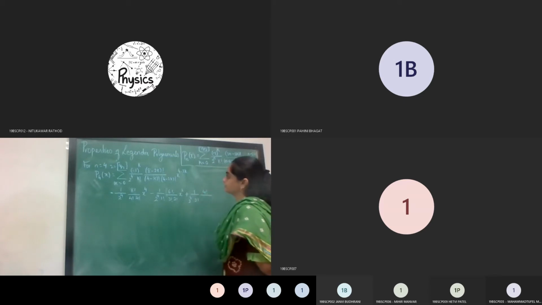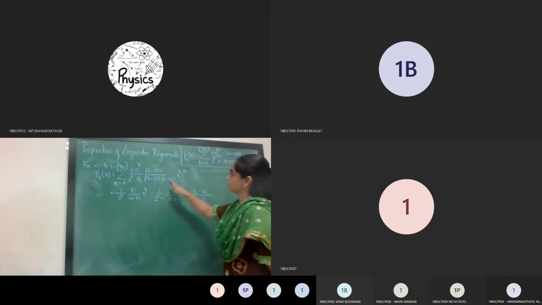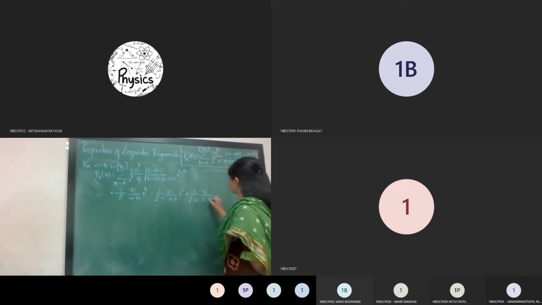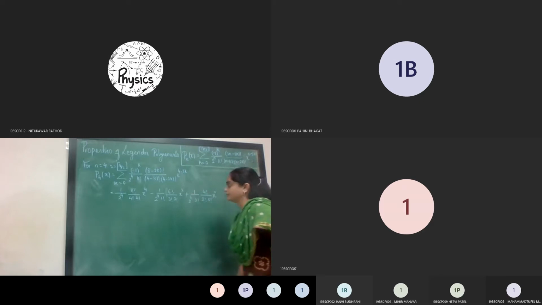Denominator is 4 minus 2 factorial. So it is 2 factorial. 4 minus 2 into 2, so it will be 0 factorial. And x raised to 4 minus 4, so 0. This is the constant quantity. So simplify it and let me know the final answer.